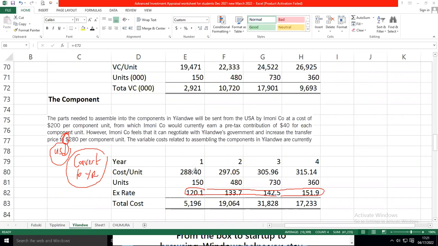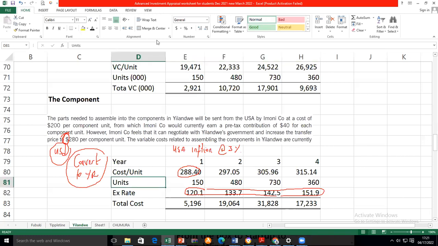Why is it 288 here instead of 280? It's because we have increased these figures by USA inflation. So please, can you increase those figures by USA inflation?